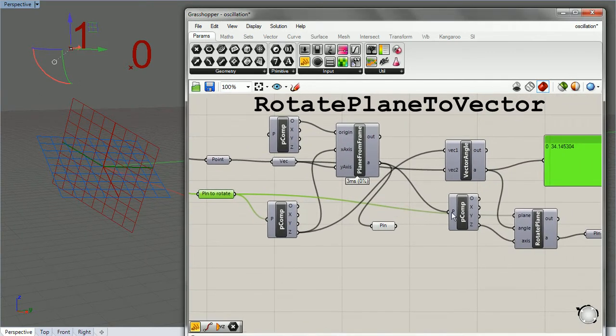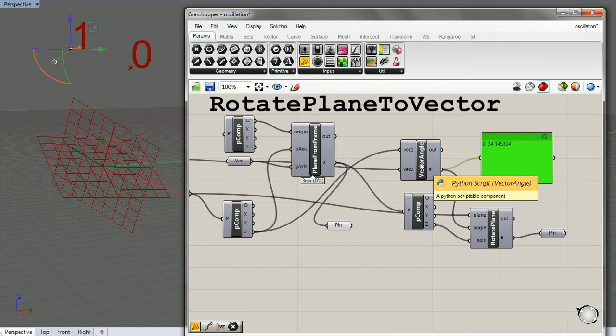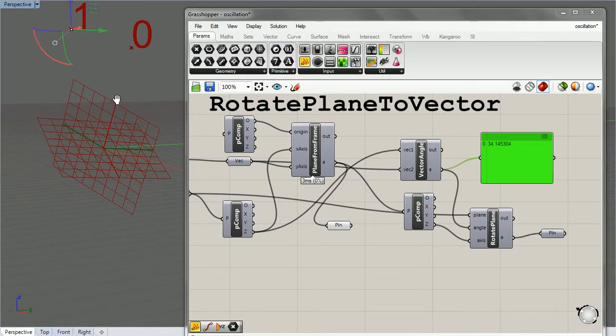And vector angle. Now this is measuring the angle from 0 to 1. Notice that we're using vector angles, so we're not worrying about positive or negative, but because this frame is set up this way, it's always going to be positive anyways.